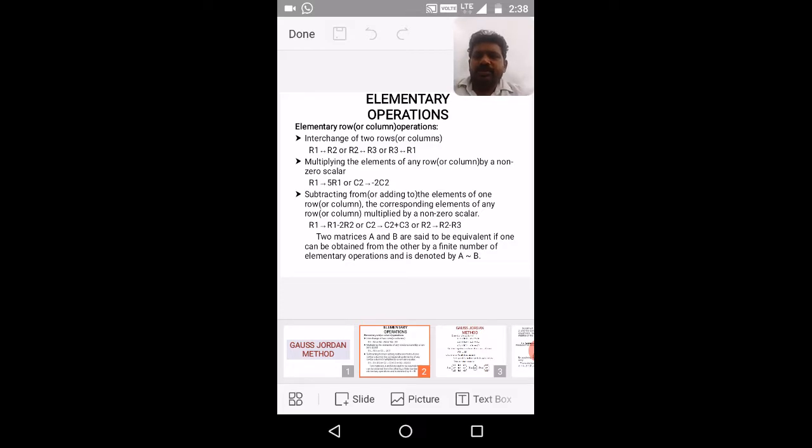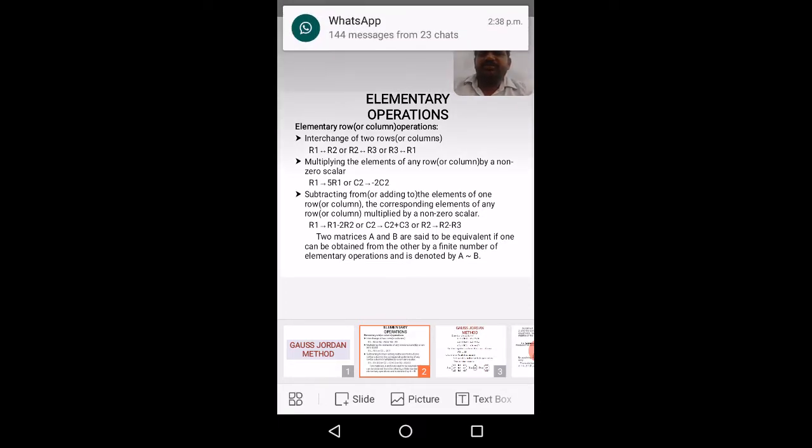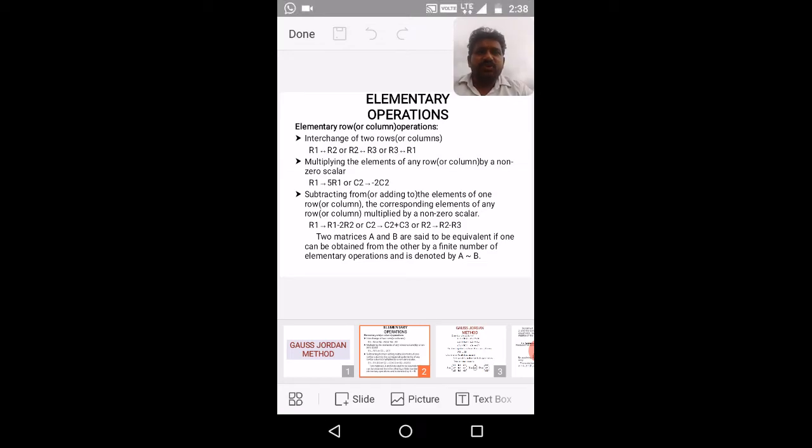In row operations or column operations, we may sometimes go for interchange of two rows.